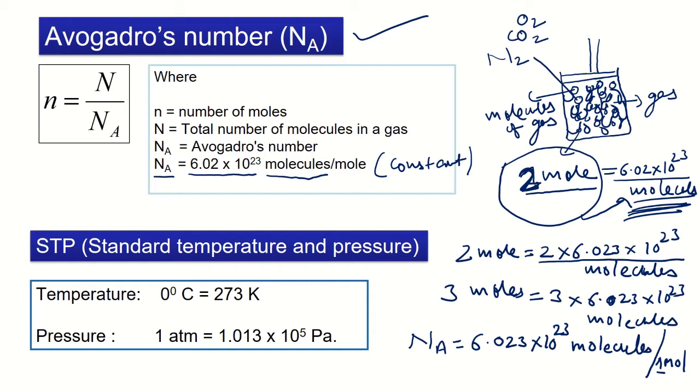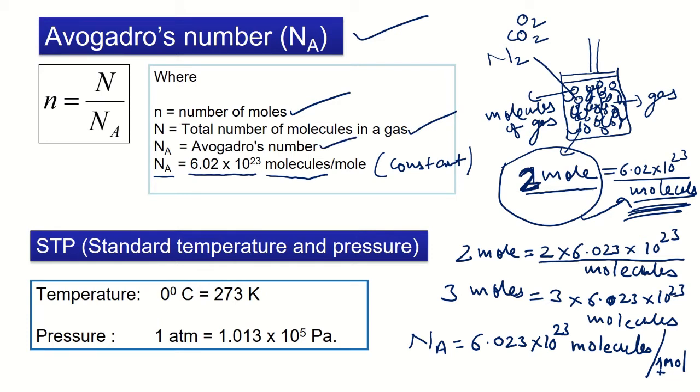If the number of moles is 2, then it is 2 times like that. So here there is a relation between the number of moles, the total number of molecules in the gas, and the Avogadro number.